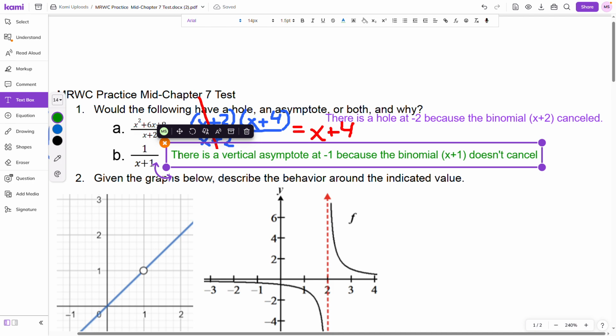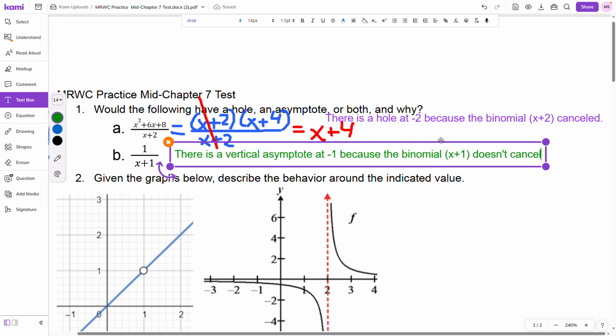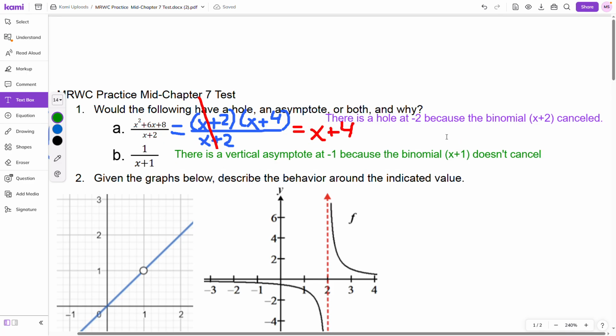There's no x plus 1 on top to cancel that x plus 1, so therefore there's a vertical asymptote. And that's only for the one in the denominator, okay? Numerators don't give us asymptotes. Numerators just give us zeros, just give us x-intercepts, not asymptotes. So get that straight. There is a vertical asymptote at negative 1 because the binomial doesn't cancel.